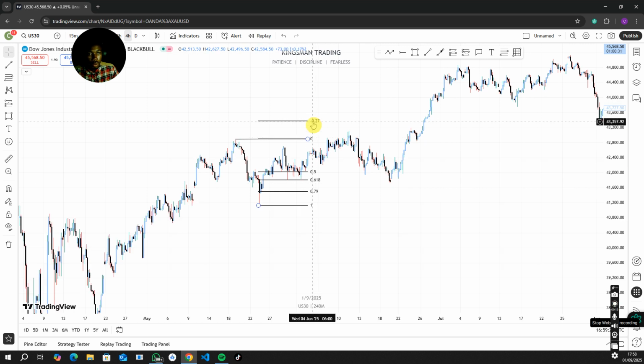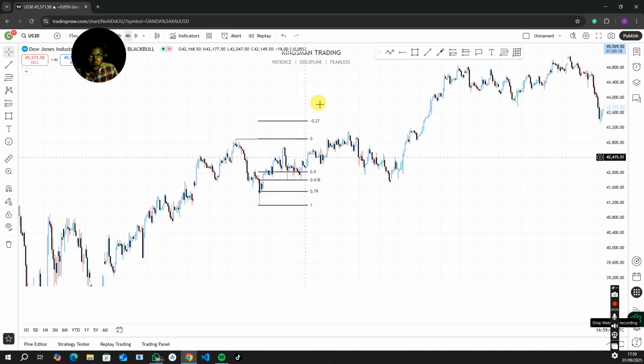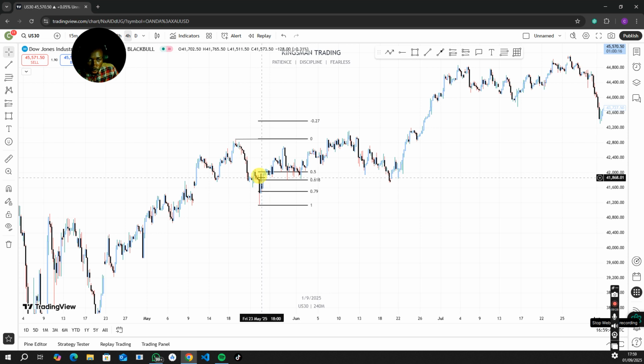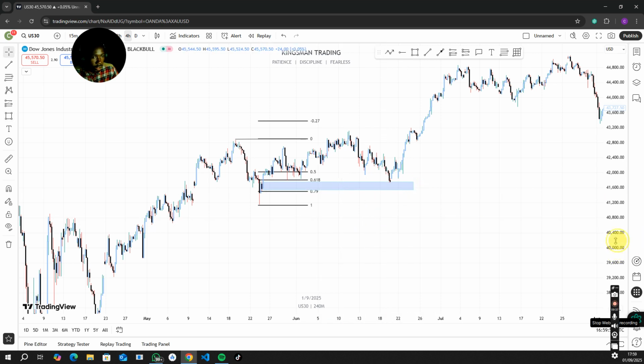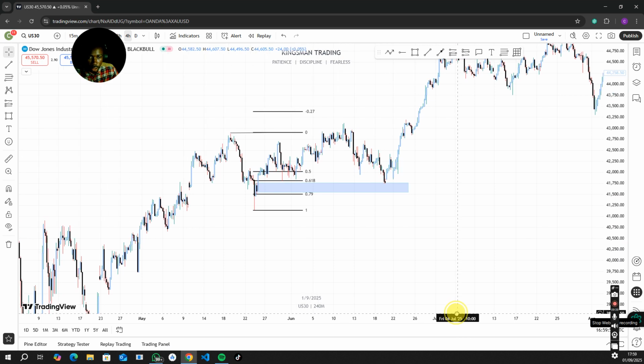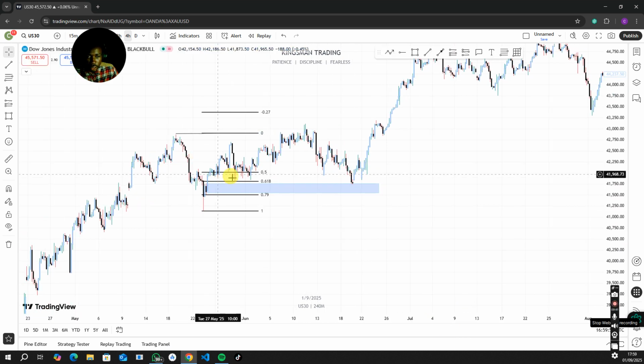So right here now, what do we see? We can identify this, in fact, this is an unmitigated POI, this unmitigated order block that is in between this 0.618 and 0.79. So we can draw it out. And also, to add to the confluence, we also have this inducement.